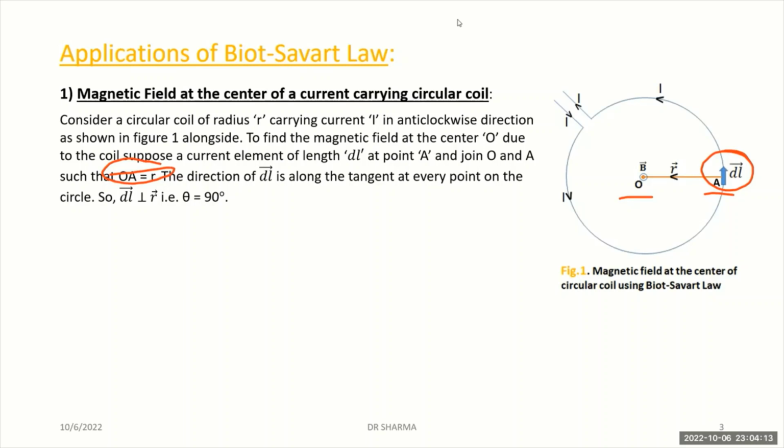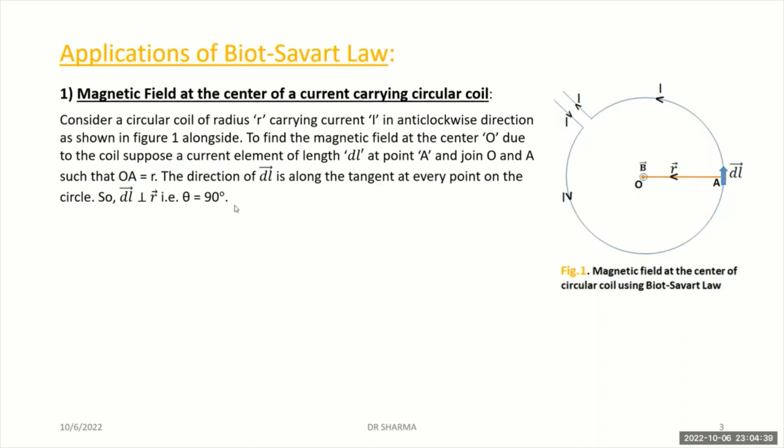The direction of dl is along the tangent at every point on the circle. So dl will always be perpendicular to r vector, hence we take theta is equal to 90 degree.